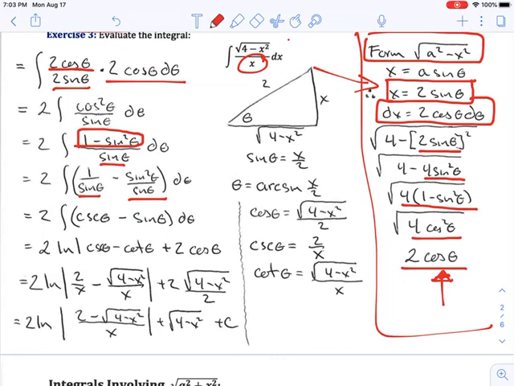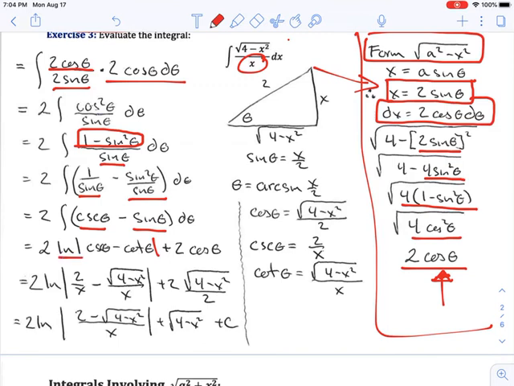Now, dividing sine into both terms, I get this. Well, 1 over sine is cosecant. Sine squared divided by sine becomes sine. Well, that's much easier than what we were doing. We know that the antiderivative of secant is the log of secant plus tangent, so the antiderivative of cosecant is going to be the log of the absolute value of cosecant minus cotangent.